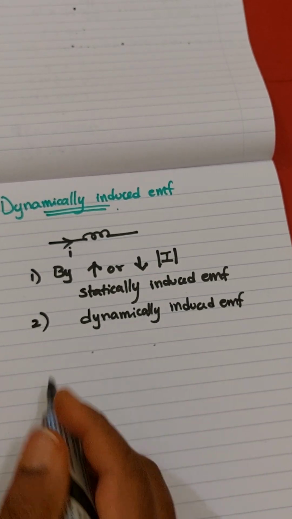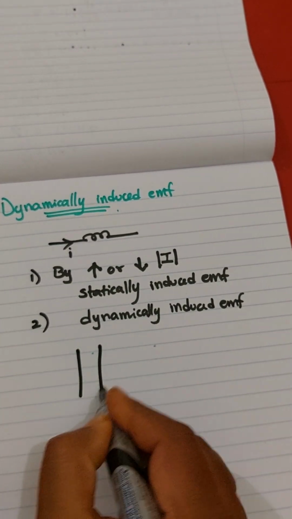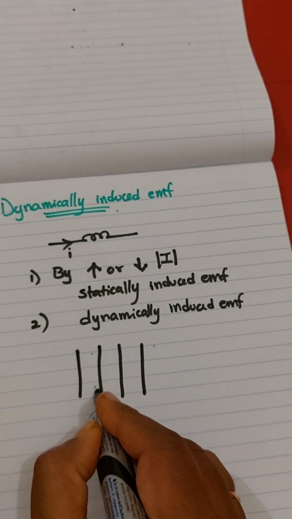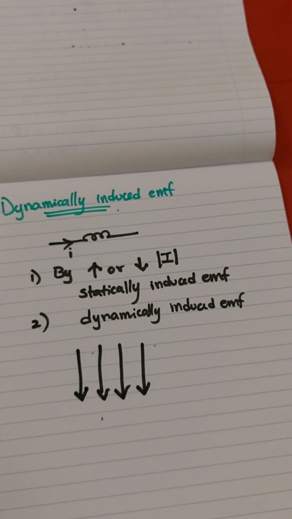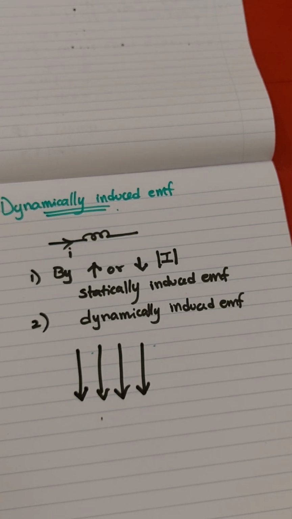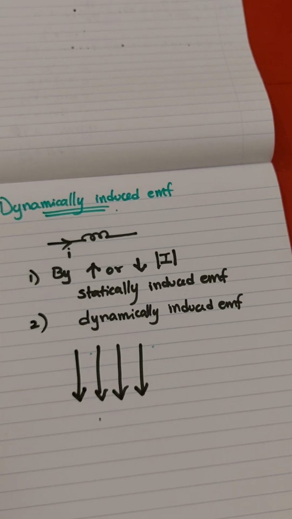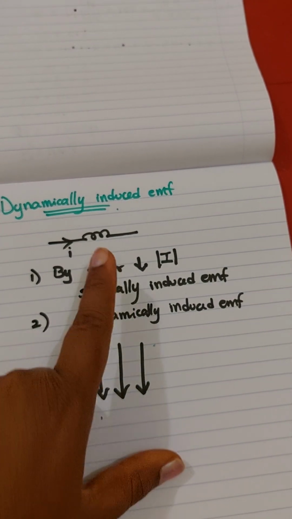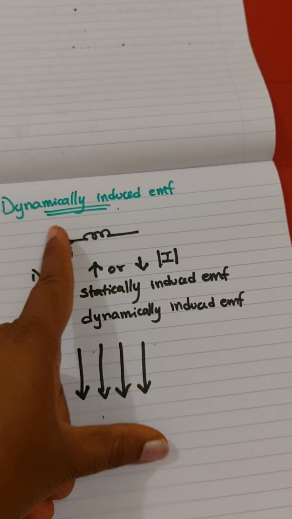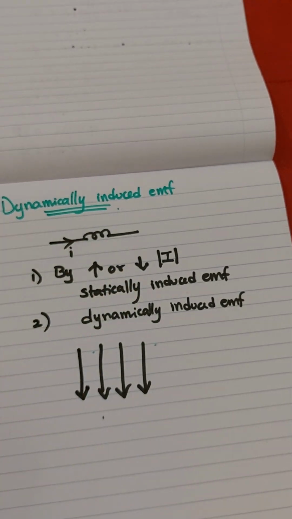Uniform magnetic field means the magnetic field is aligned properly. So we are moving the conductor in this magnetic field uniformly and EMF is produced. So this type of uniformity maintained will give dynamically induced EMF. This way of increasing and reducing the input will give statically induced EMF. Okay.